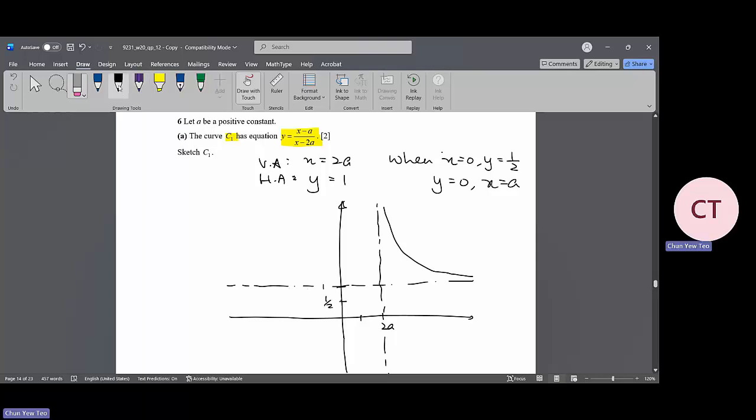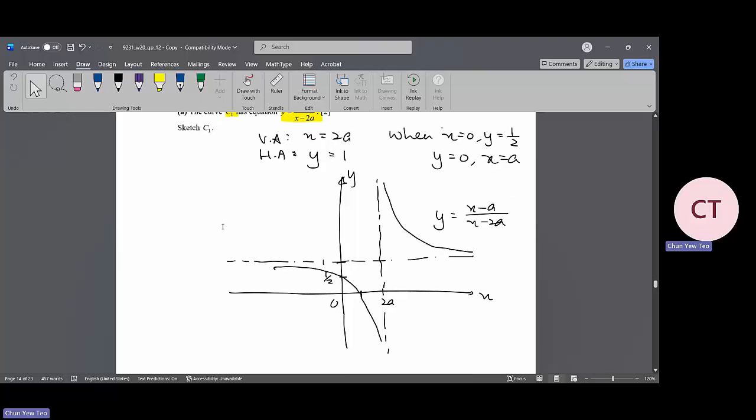Draw properly. Okay, so this will be the graph for y equals (x minus a) over (x minus 2a). That is the answer for 6a.